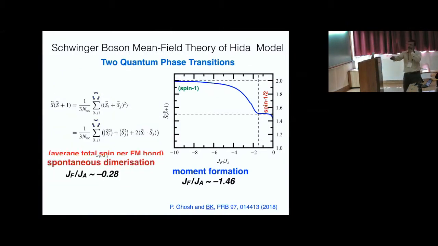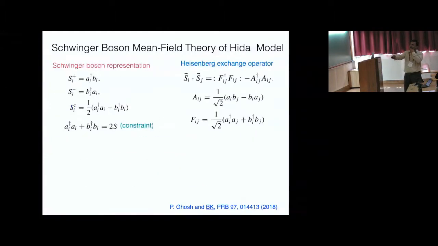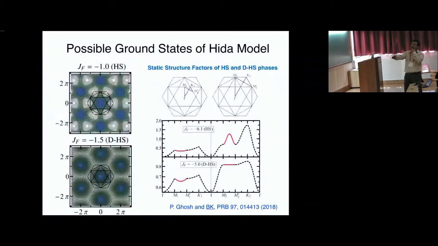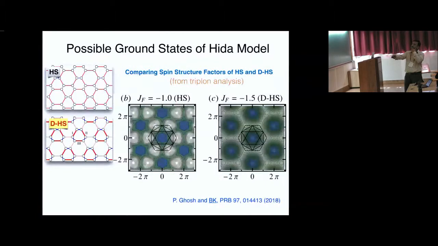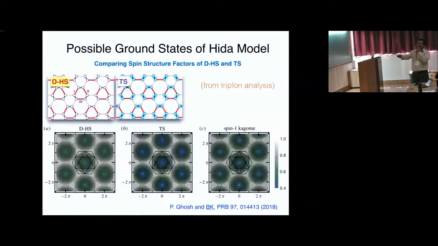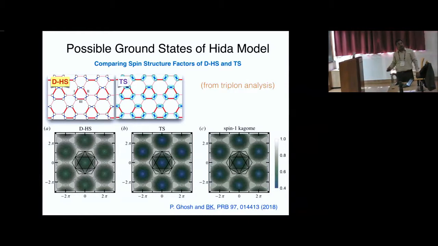In fact, one slide I may like to revisit. So if you look at, let us say, the structure factor of the dimerized hexagonal singlet, and the trimerized singlet, these two are calculations from the Hida model, and this is calculation from the spin-1, JF equal to infinity limit.